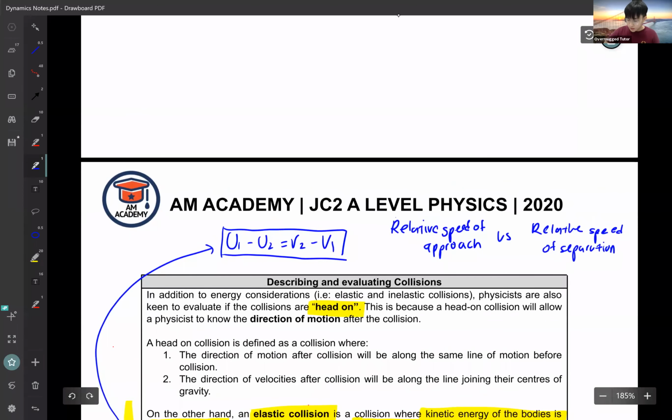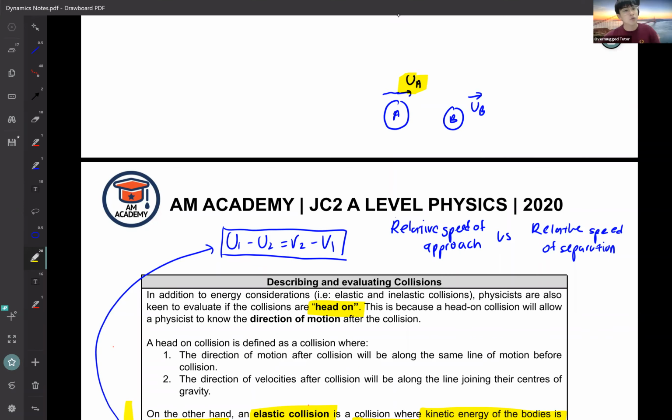If I were to draw the two balls for you, let's say we're talking about ball A versus ball B. Ball A has a speed of UA, and assuming both of them are moving in the same direction, UB like that. Then you know that for them to collide, UA must be faster than UB so that they catch up.